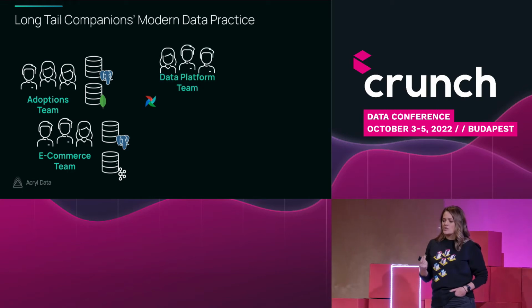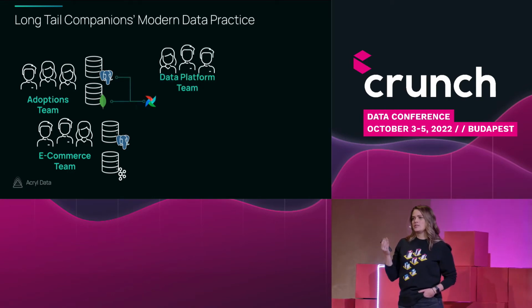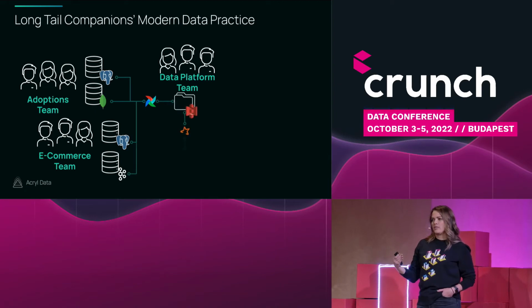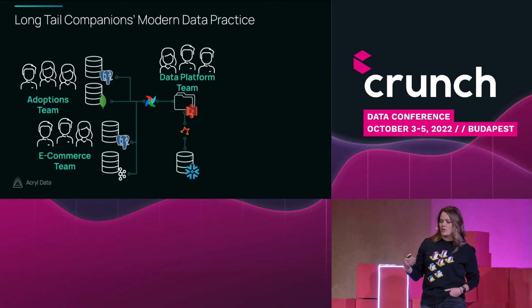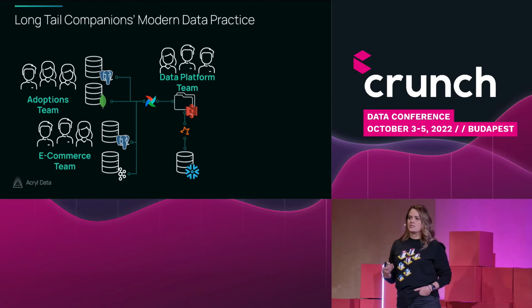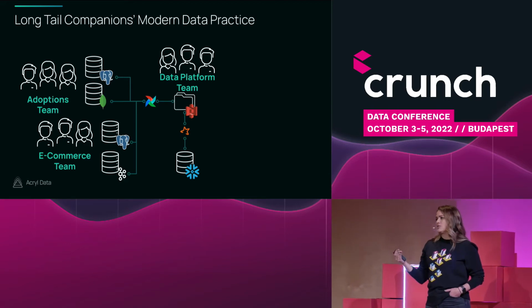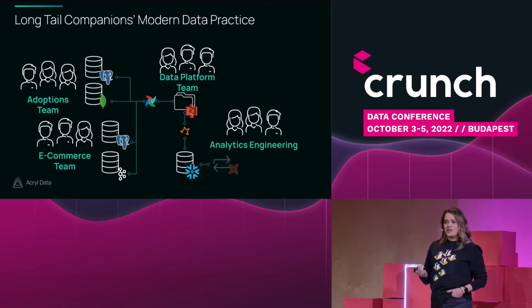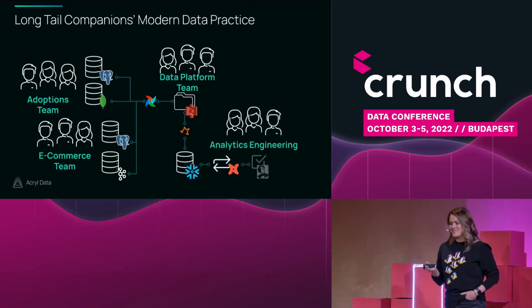We then have our central data platform team who is syncing all of that data from all of those different resources using Airflow, landing that in their central data lake in S3. They then leverage Spark to transform those high volume, complex data processes, land that data in Snowflake for more analytical workflows. And then you have your analytics engineering team who's actually in charge of making use of this data.